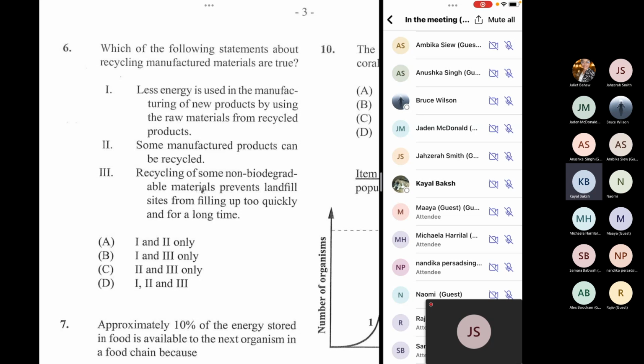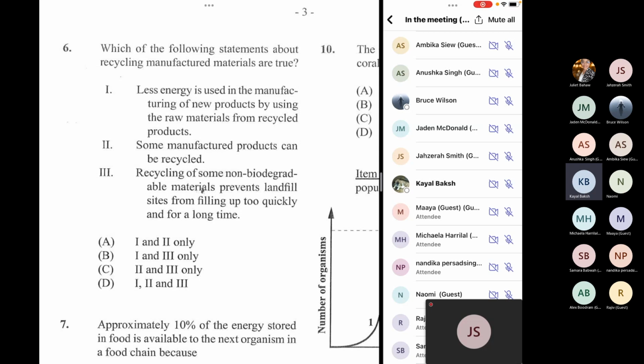Which of the following statements about the recycling of manufactured materials are true? 1. Less energy is used in the manufacturing of new products by using the raw materials from recycled products. 2. Some manufactured products can be recycled. 3. Recycling of some non-biodegradable material prevents landfill sites from filling up too quickly and for a long time.